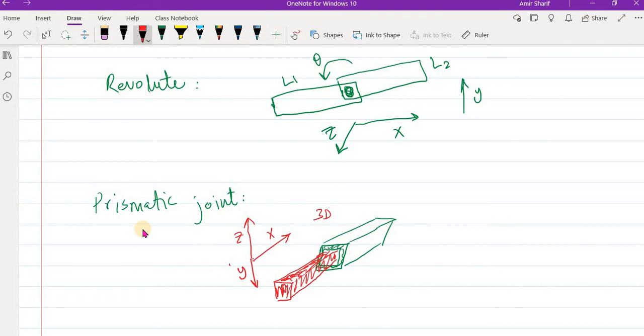Also there is no rotation about any of the axes. So it means that in 3D it will have how many constraints? It will have 5 constraints and 1 degree of freedom, which is translation along the x-axis. In 2D, it will look like this.